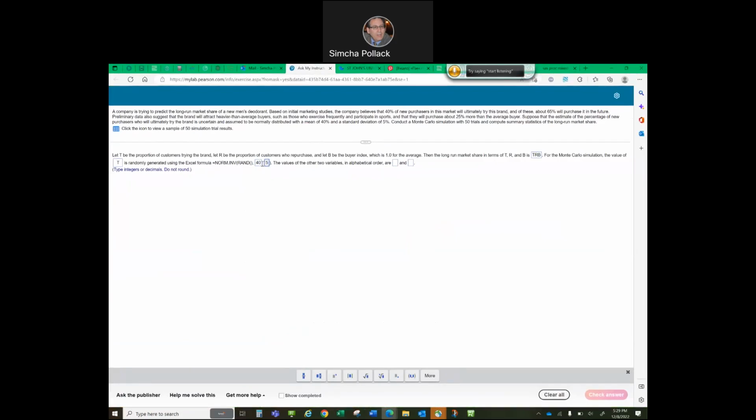Let me think. The values in alphabetical order are, oh well, I guess that was the T. So the B is going to be 1.25. We'll find out in a second if the book wants that.